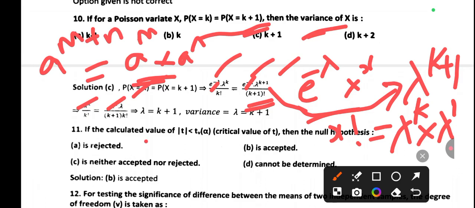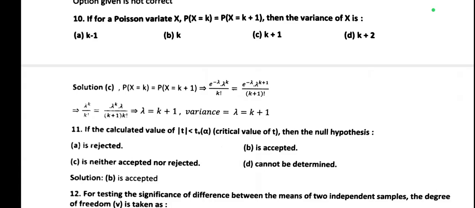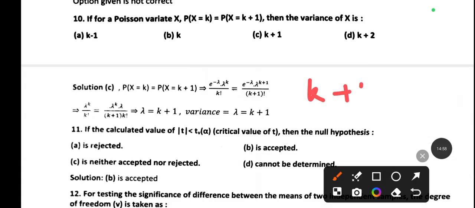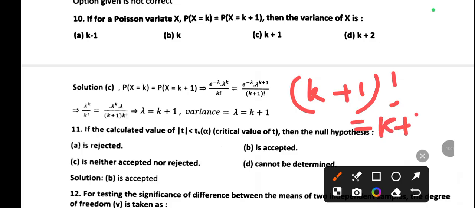Same way, k plus 1 factorial. We all know, children, 5 factorial is 5 into 4 factorial, 7 factorial is 7 into 6 factorial. Same way, k plus 1 factorial can be written as k plus 1 into k factorial.